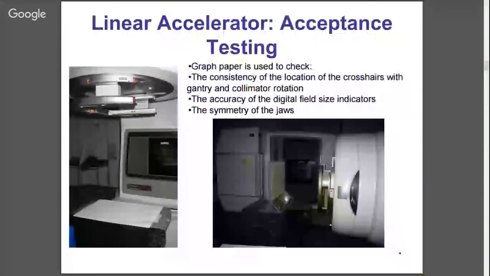And this allows you to test the location of the crosshairs with gantry and collimator rotation, and also the accuracy of the digital field size indicators. So if you set a 10 by 10, this actually is a 10 by 10 field, for example. We can also check symmetry using this technique.